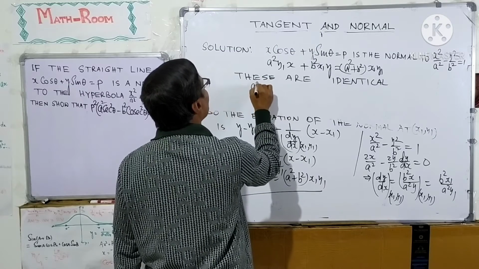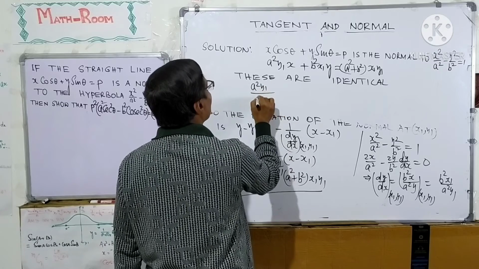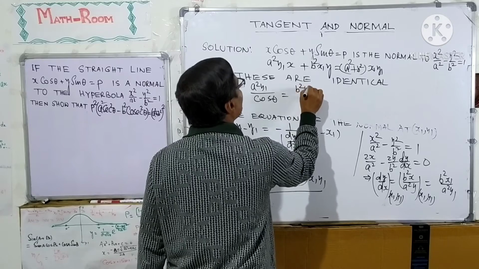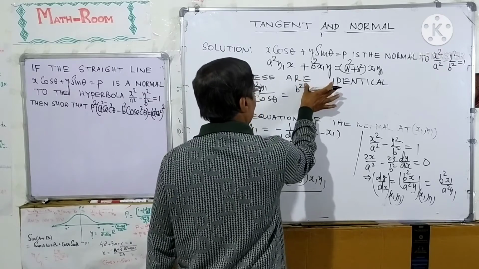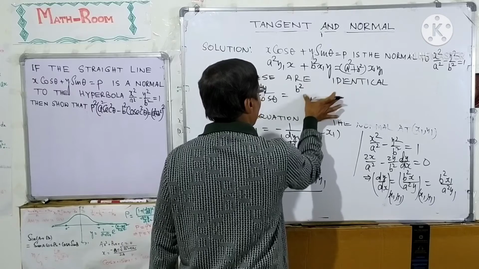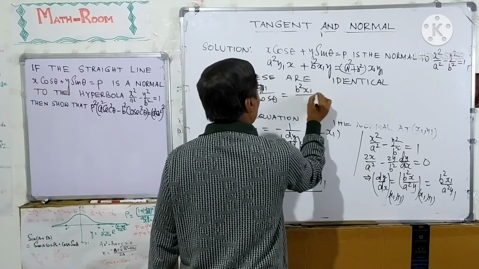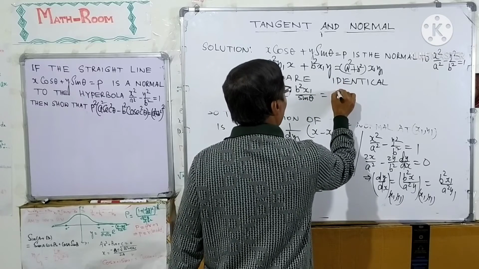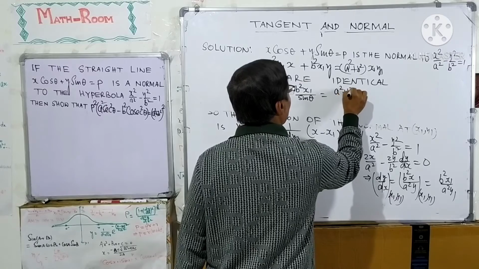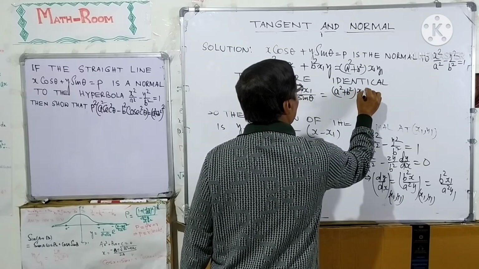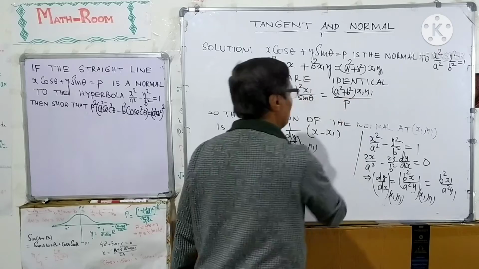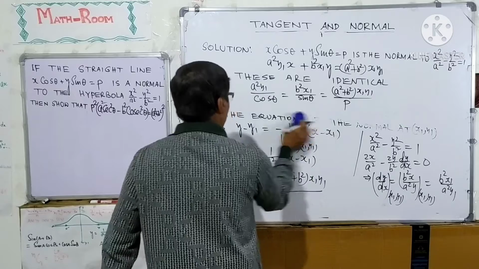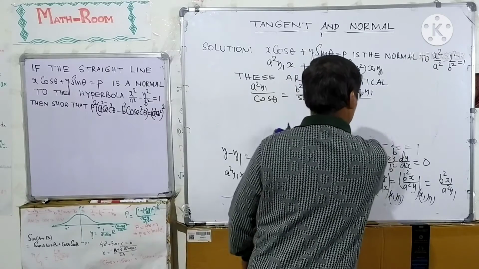a square y1 over cos theta equal to b square x1 over sin theta equal to a square plus b square into x1 y1 over p. So, we can get the value of x1 y1 from these equations.